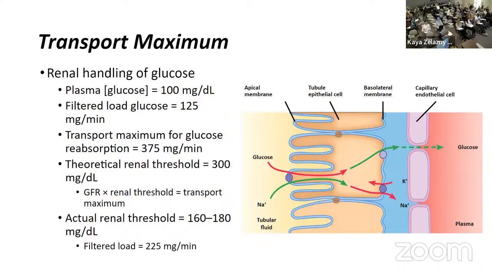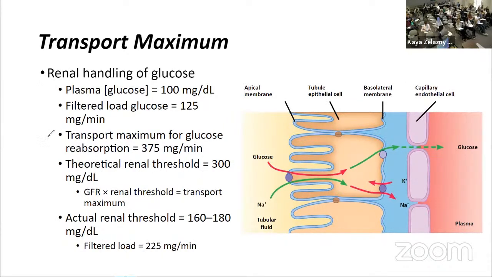We just filter 125 milligrams per minute of glucose, but we have a transport maximum. Our transport maximum, the maximum that our carrier proteins can handle, is 370 milligrams per minute. That's how fast they can handle taking glucose into these cells.